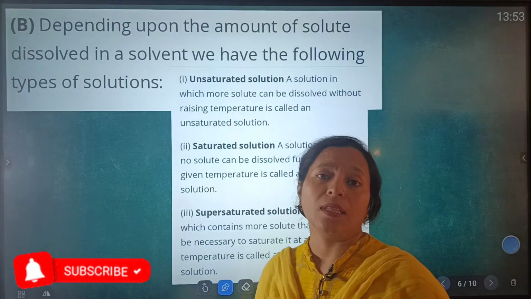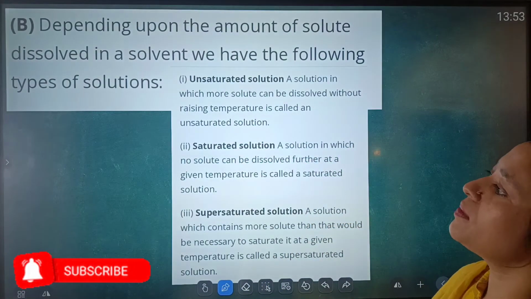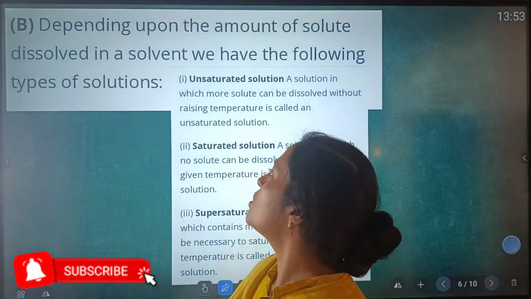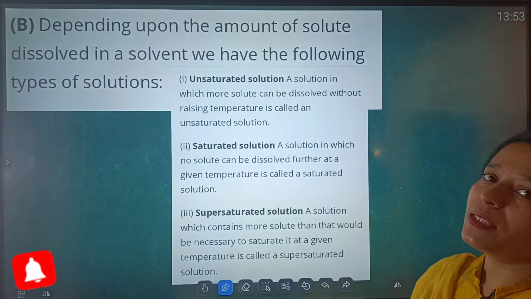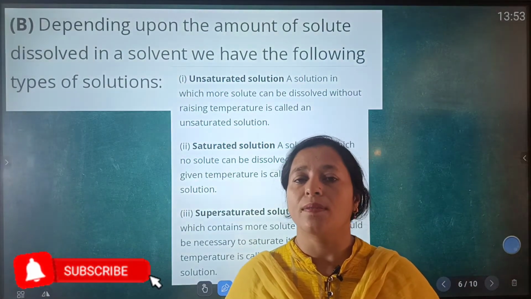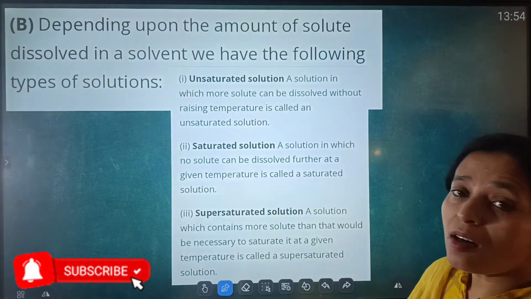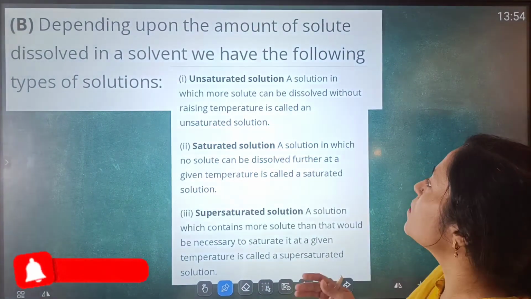Depending upon the amount of solute dissolved in a solvent, we have the following types of solutions. The criterion is how much solute we are taking in a solvent to dissolve. On the basis of this, we are classifying the solutions into 3 types.